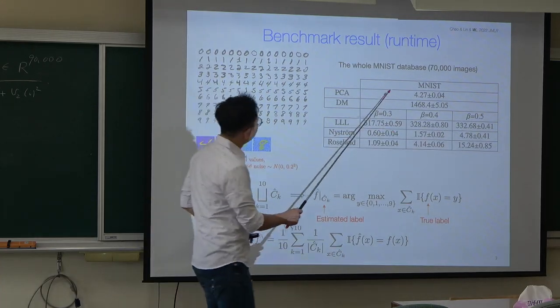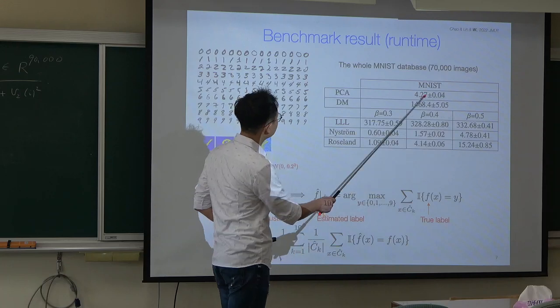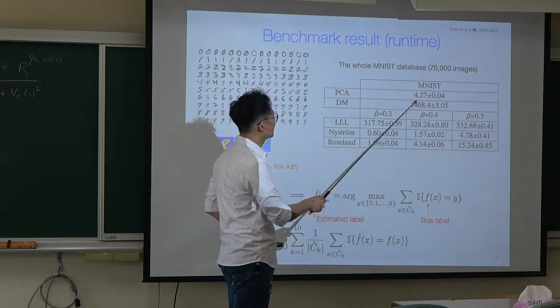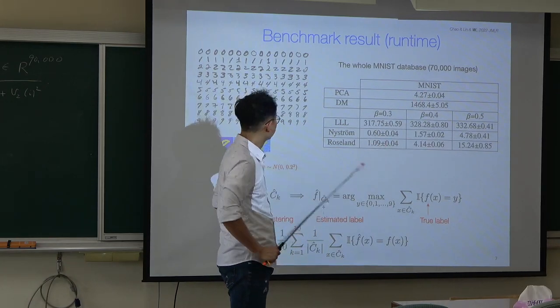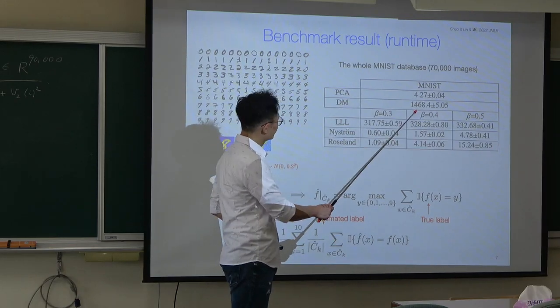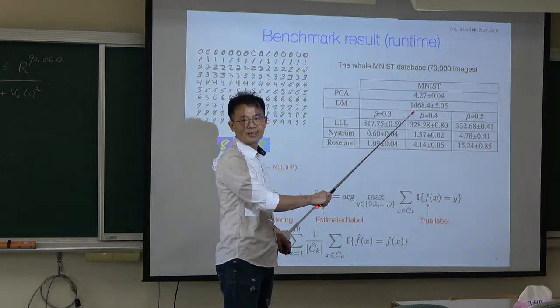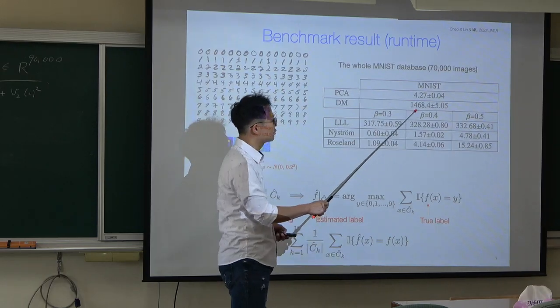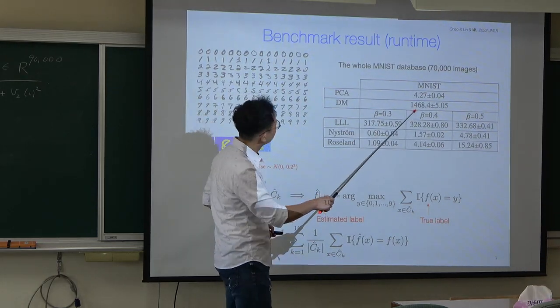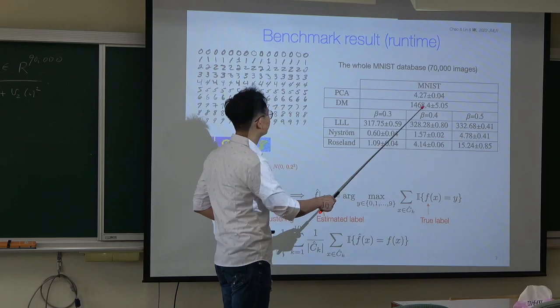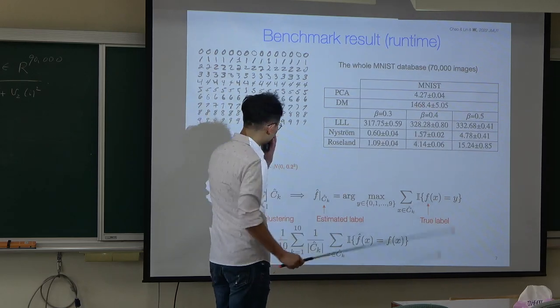And this is the computational time. You can run PCA directly, only takes 4 seconds. But if you use diffusion map, yes, we try to go to a larger computer, and we can finish it. Take 1,400 seconds, which is quite slow.